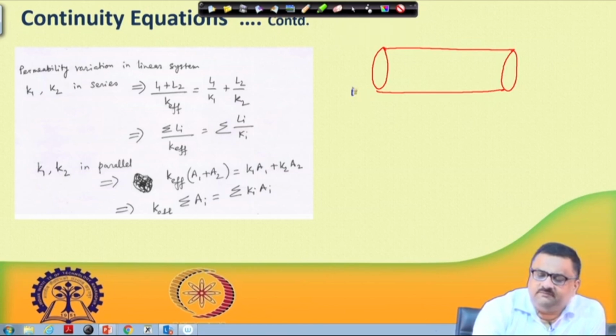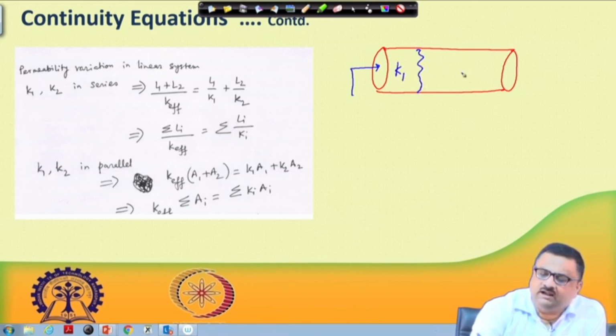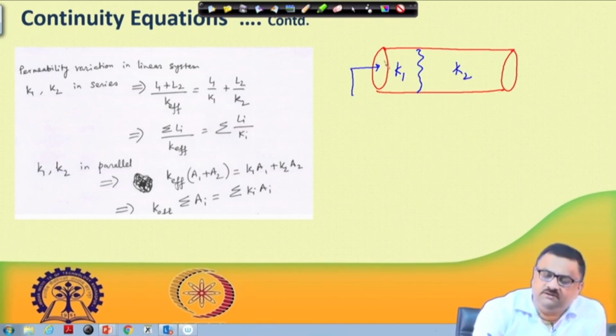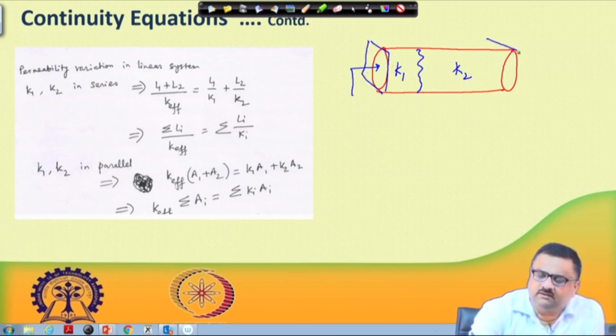Let us say I am having a flow rate here, and the permeability up to this point is K1 and the permeability beyond this is K2. It is a linear system, not a cylindrical system, just a one-dimensional problem. We just used a cylindrical cross section, but we could have used a square cross section, that is fine. It does not matter.